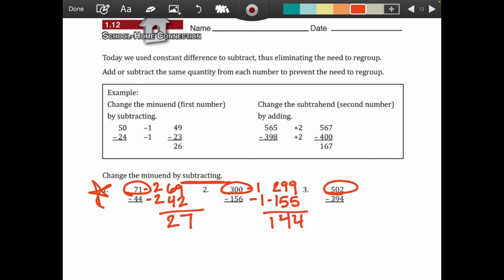And over here, I'm going to subtract 3. So my new problem is going to be 499 subtract 391. 9 subtract 1 is 8. 9 subtract 9 is 0. 4 subtract 3 is 1.